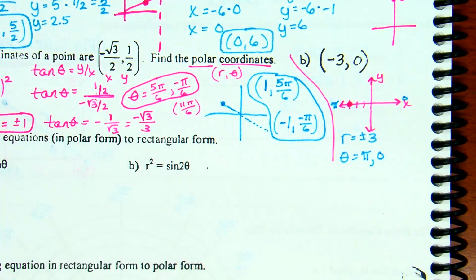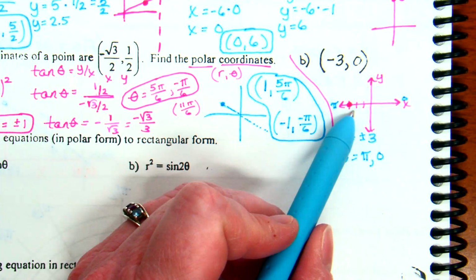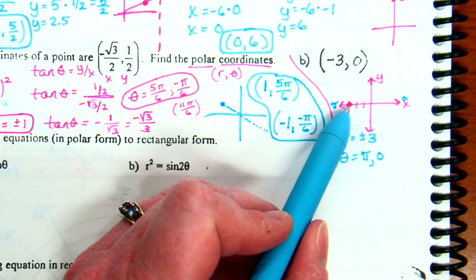Okay? So over here when we use pi, if you go out on pi, think carefully here, how far out on pi am I going? Think polar coordinates, not rectangular coordinates. So if we're on pi, we're going out how many rings? 3. And since our angle is pi, we're going out 3.